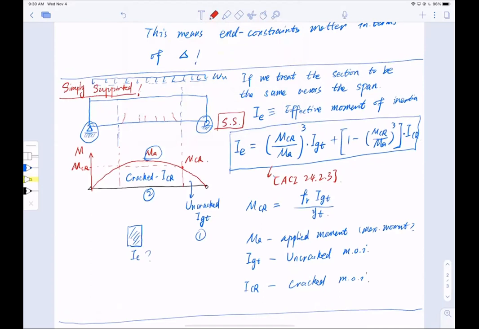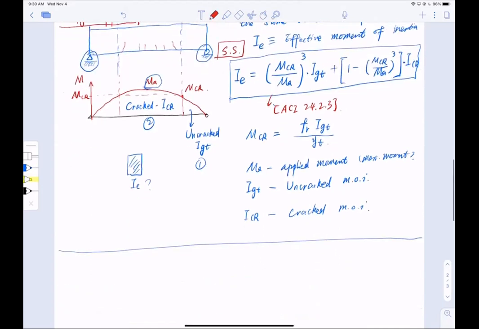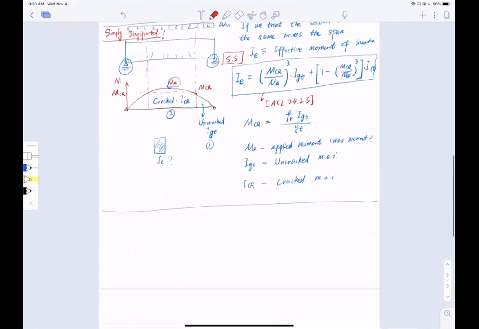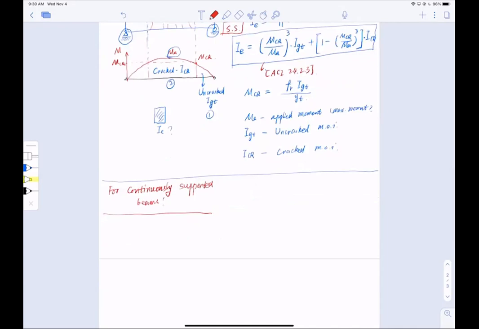Now why did I mention this? Because for a continuously supported beam, the equation is different.